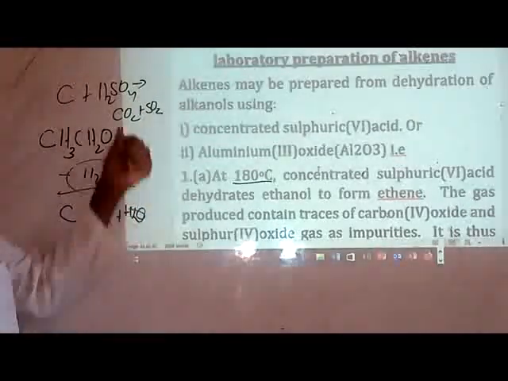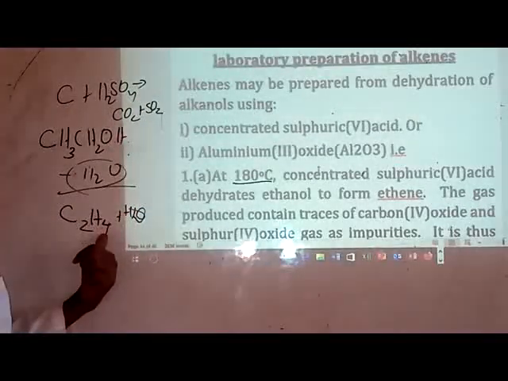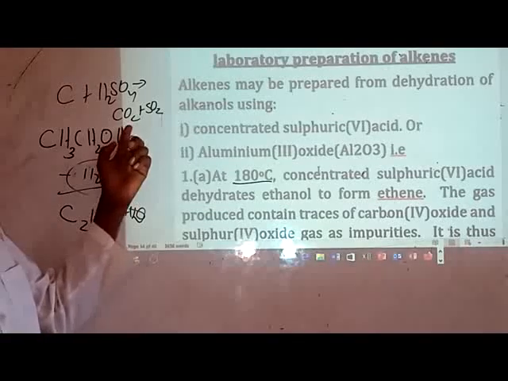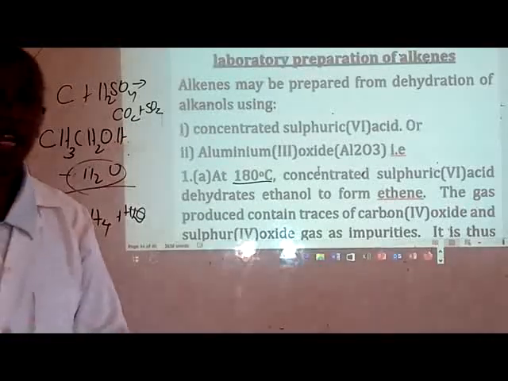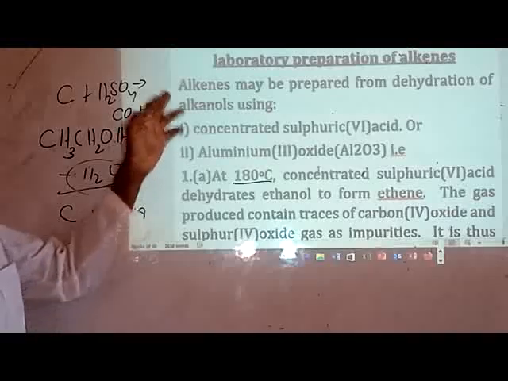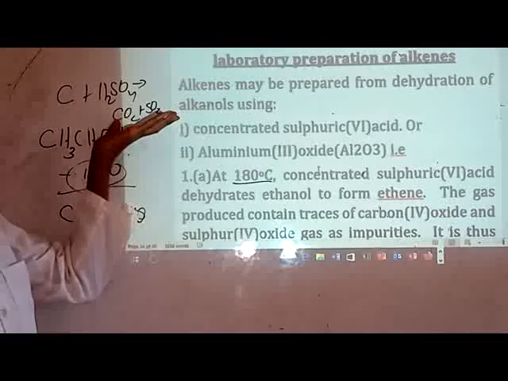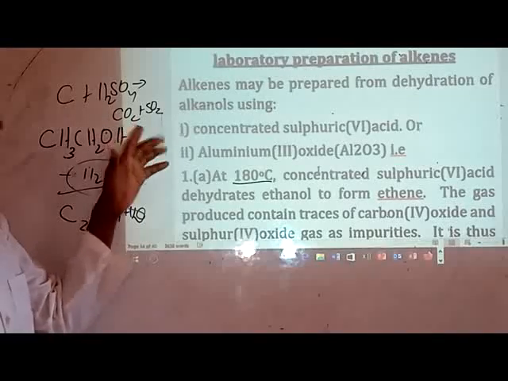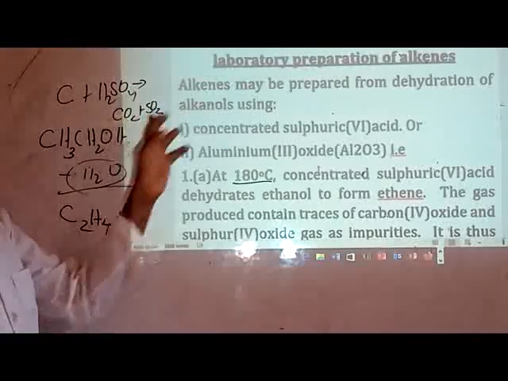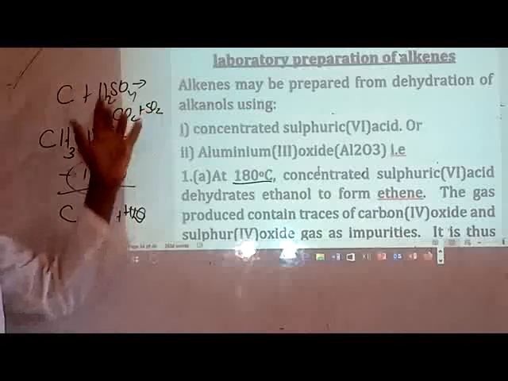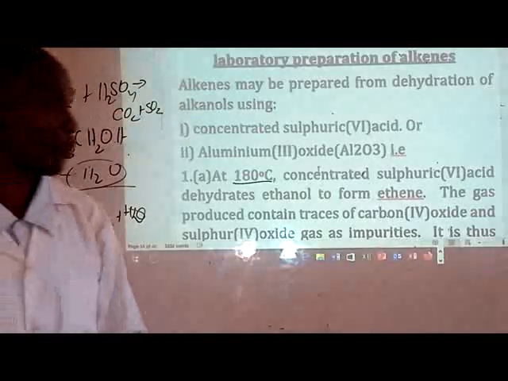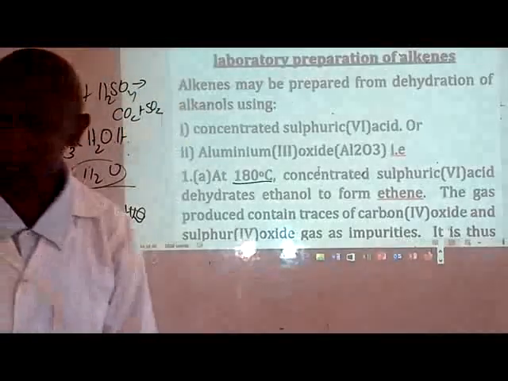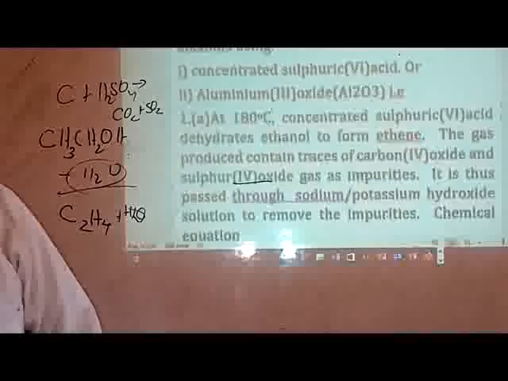That means that the gas produced, ethene in this case, will contain carbon dioxide and sulfur dioxide impurities. These need to be removed, and it's very easy because all you need to do is bubble the resultant gas through sodium hydroxide. Sodium hydroxide will absorb the carbon dioxide and the sulfur dioxide. That will leave you with the pure ethene.